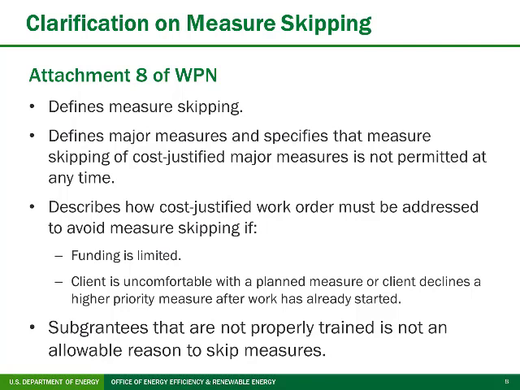So take a look at Attachment 8. Be sure that you understand it. If you have any questions about it, please refer those to your project officer. But just be aware that measure skipping will not be allowed for the majority of measures in the work scope.